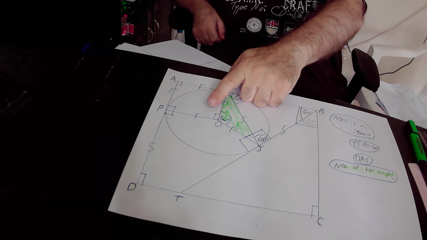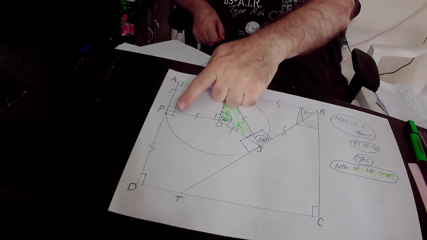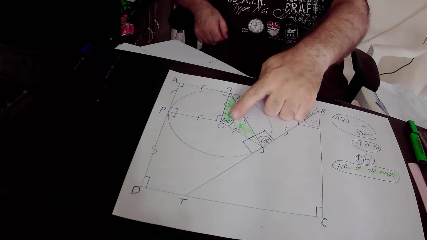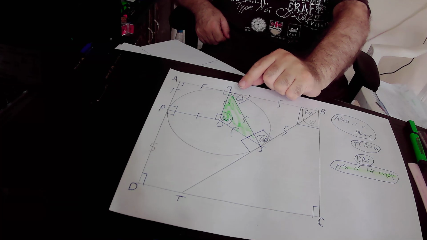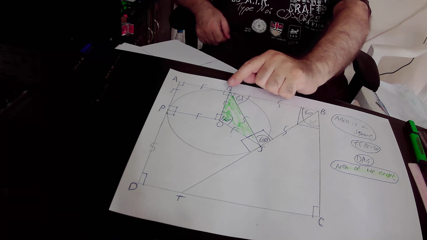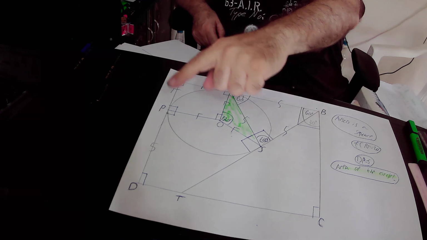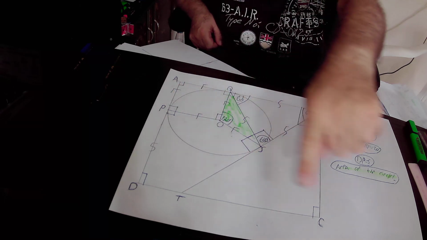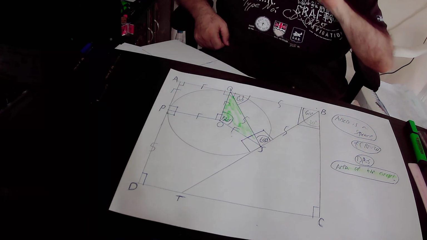PO is the radius that is drawn to the point of tangency, therefore this angle equals to 90 degrees, and this angle also equals to 90 degrees. OQ is the radius of this circle that is drawn to the point of tangency, therefore this angle equals to 90 degrees, and this angle also equals to 90 degrees according to rule number 1. All the angles inside the square are right angles, so this angle and all the other three angles are equal to 90 degrees.